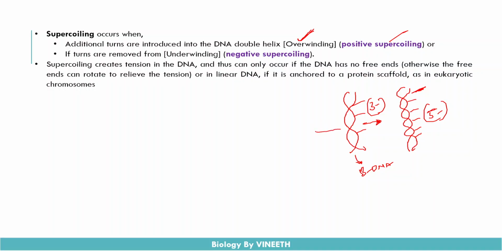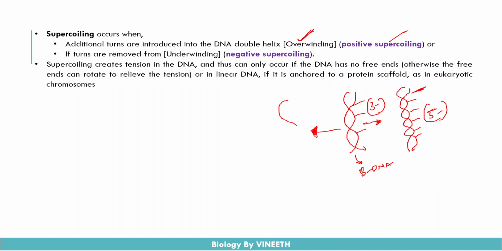Whenever you try to further relax this B-DNA, already relaxed DNA, or do underwinding, that results in negative supercoiling, producing a negatively supercoiled DNA. This DNA, which is formed due to underwinding, now contains fewer helical turns.